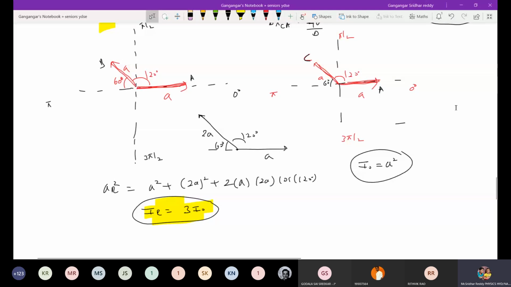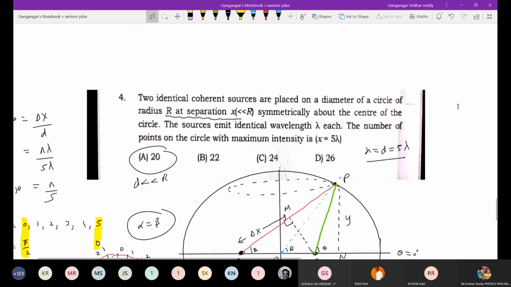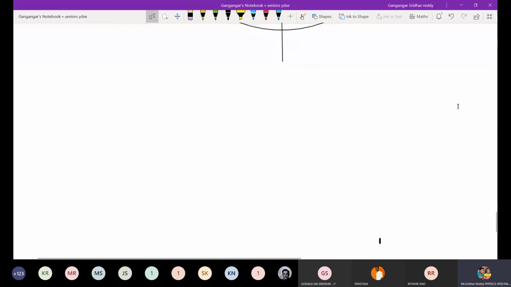One more with 3 slits on the horizontal, 3 slits are there. This is completed. Yeah, here we'll paste it.